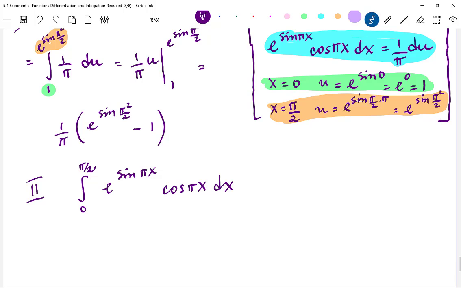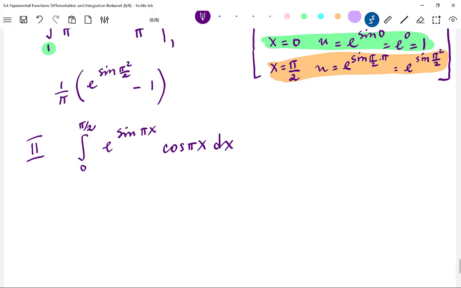So we can think, okay, this whole thing here is equal to d sine of pi x, provided that I multiply with pi and divide by pi this expression.